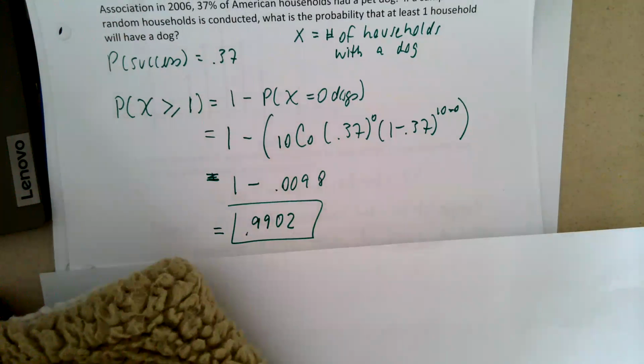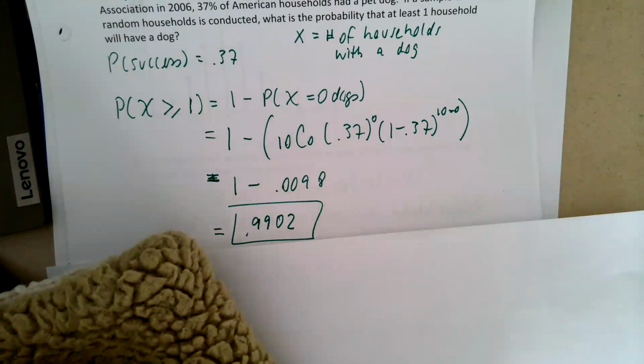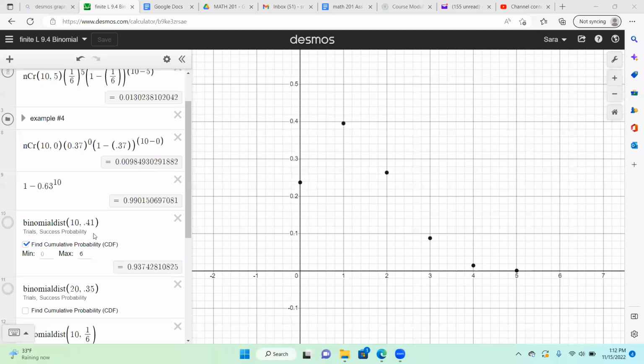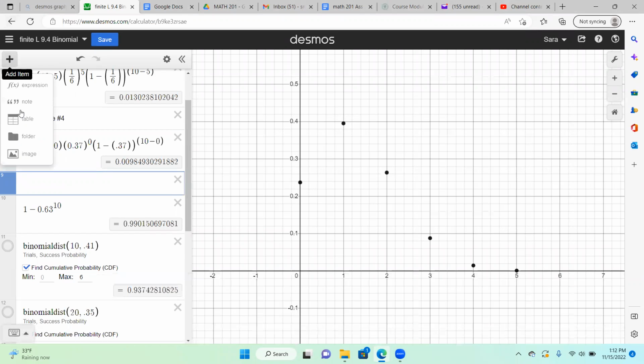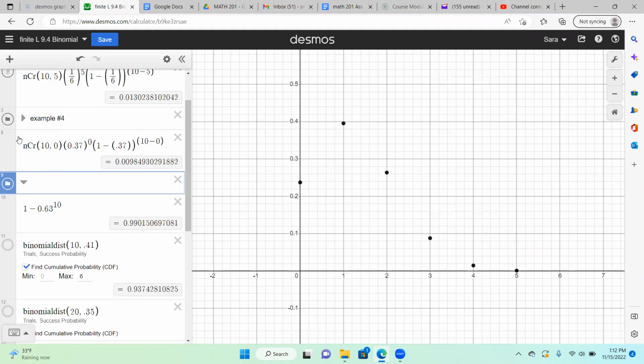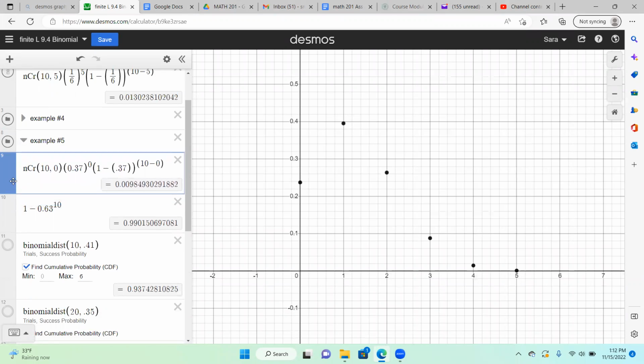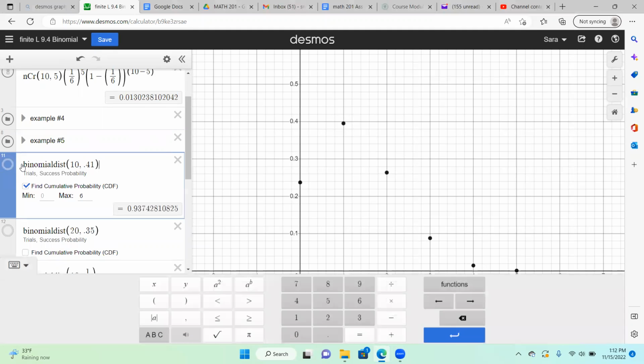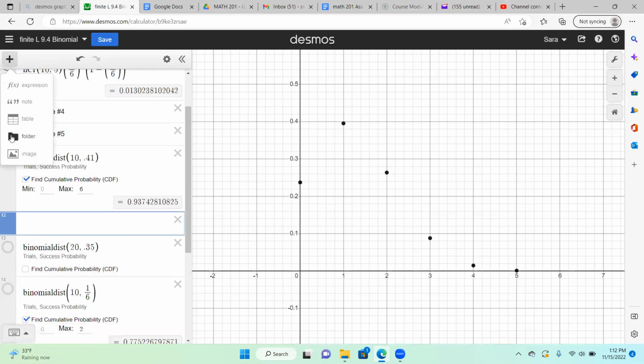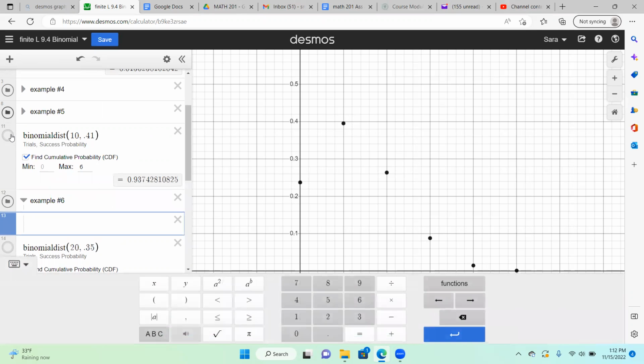And again, you can see that in decimals. Okay, so let's go to the next example.